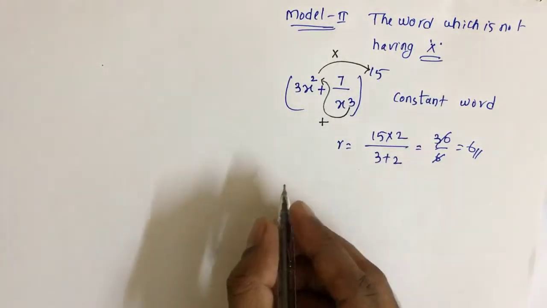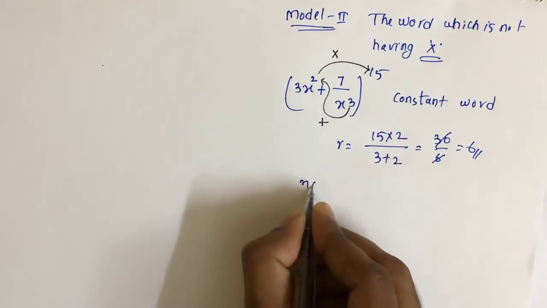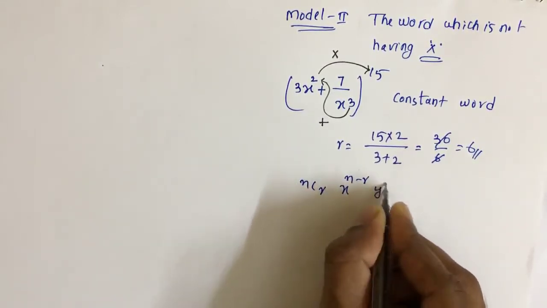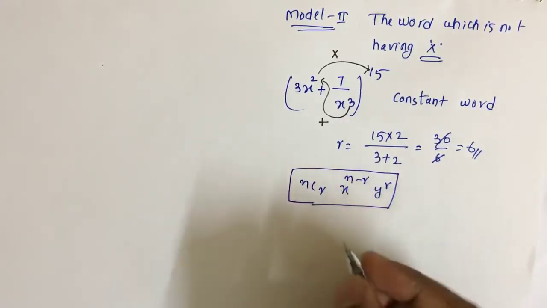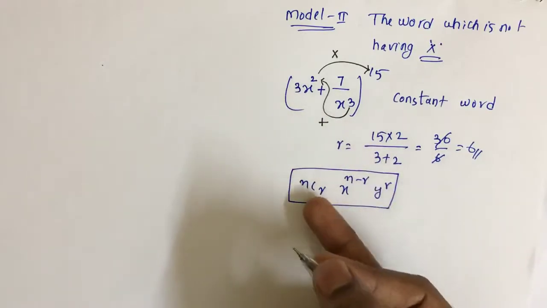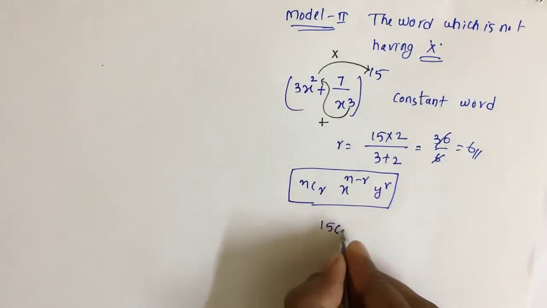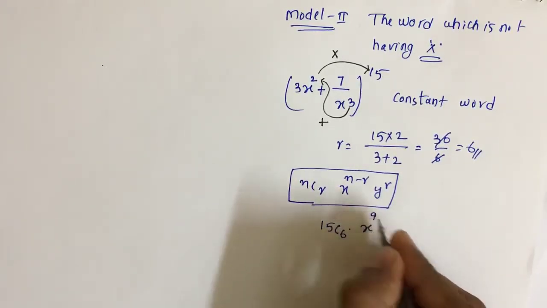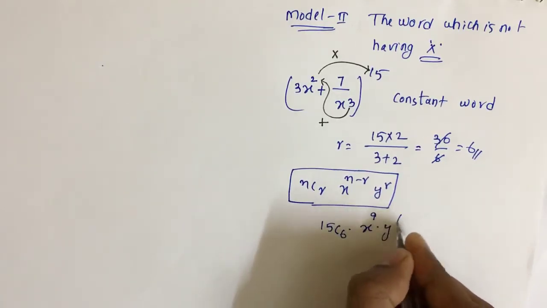So now for the constant term, the same principle we have here also, that is nCr x to the n minus r, y to the r. So now we know the r value, so we can directly calculate the value. n is here 15, so 15 C 6 x to the 15 minus 6 equals 9, and y to the 6.